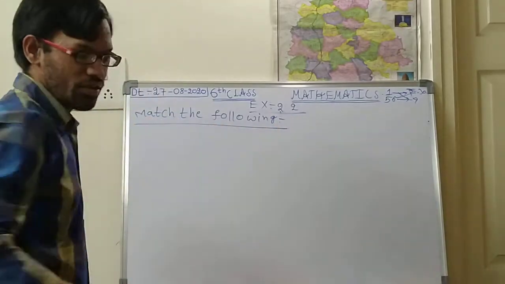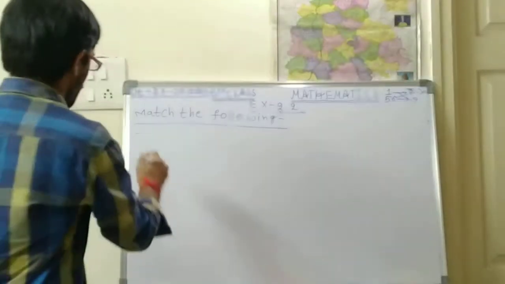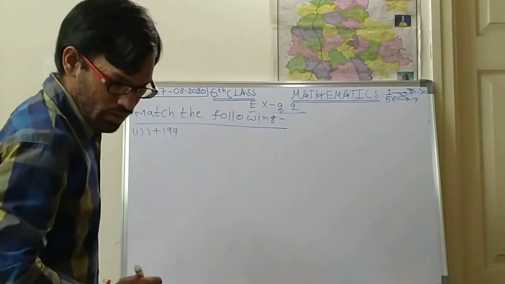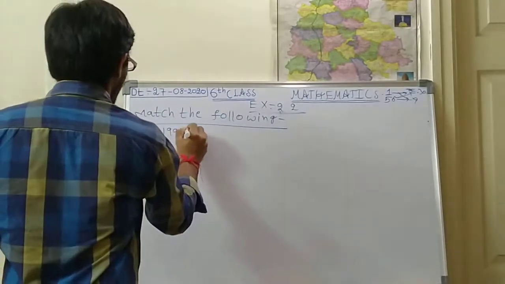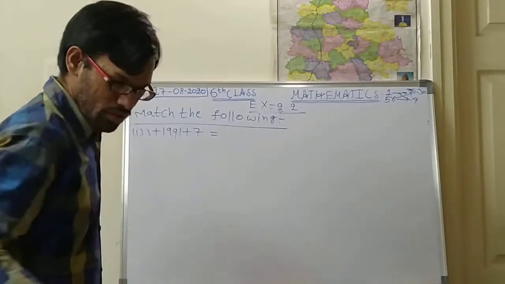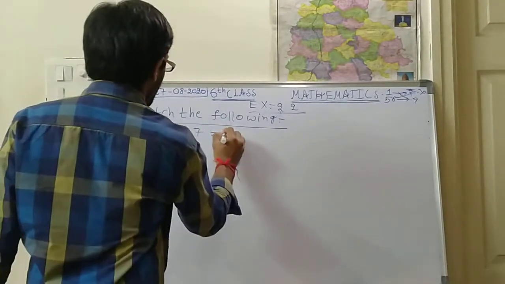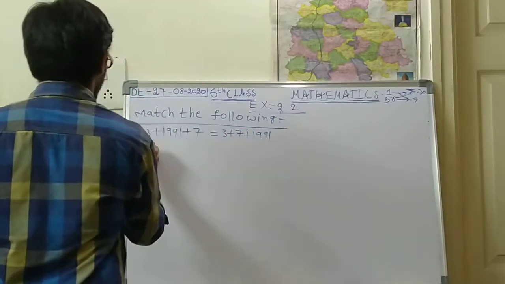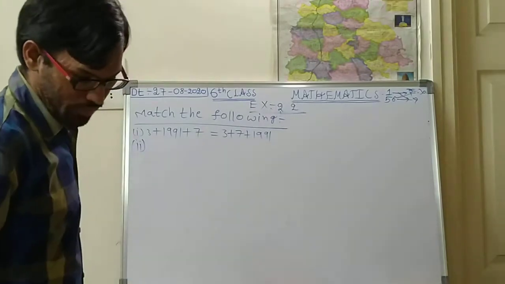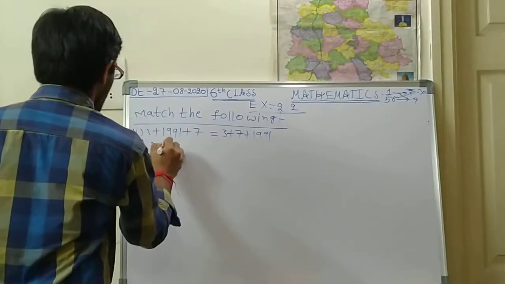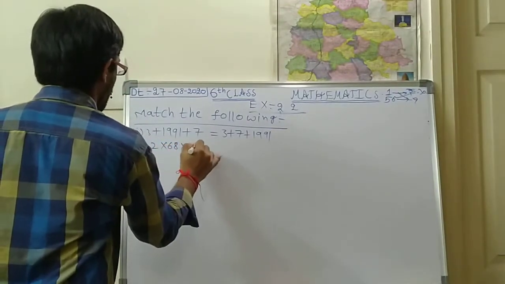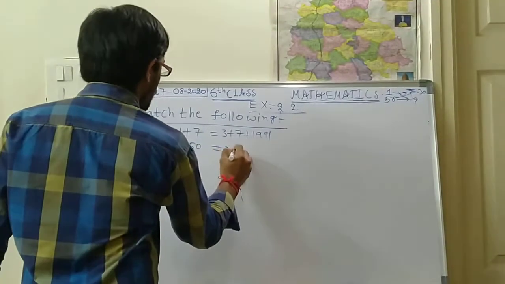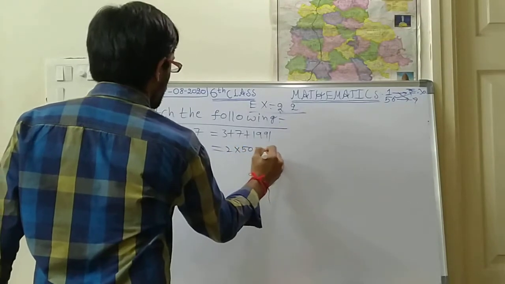So how you should match the following, you have to say. So first one, 3 plus 1991 plus 7 is equals to 3 plus 7 plus 1991. Next, second one, 2 into 68 into 50 is equals to 2 into 50 into 68.